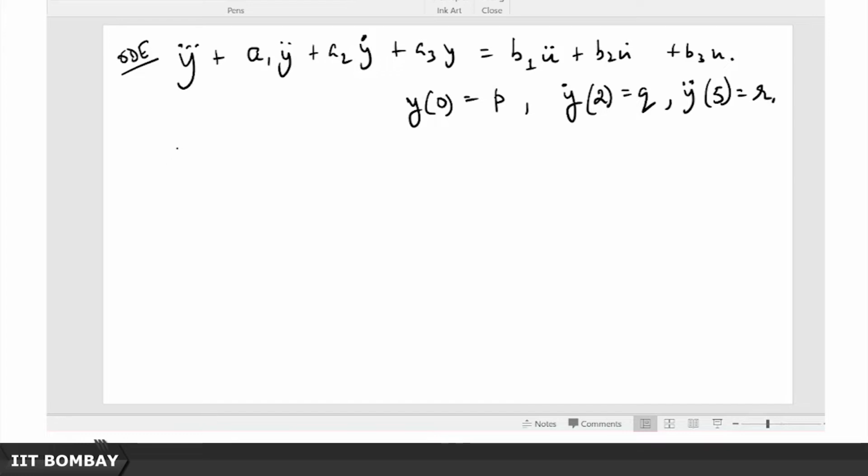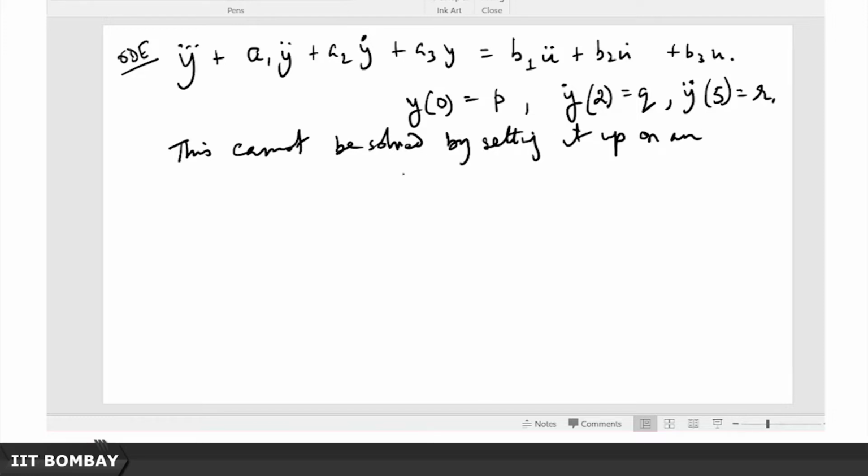But unfortunately, this cannot be solved by setting it up on an analog computer. By an analog computer, I mean basically those banks of integrators or op amps. So for the state space method to work, you need to know y naught, y dot naught, and y double dot naught, by which I mean y, y dot and y double dot at the same initial instant.